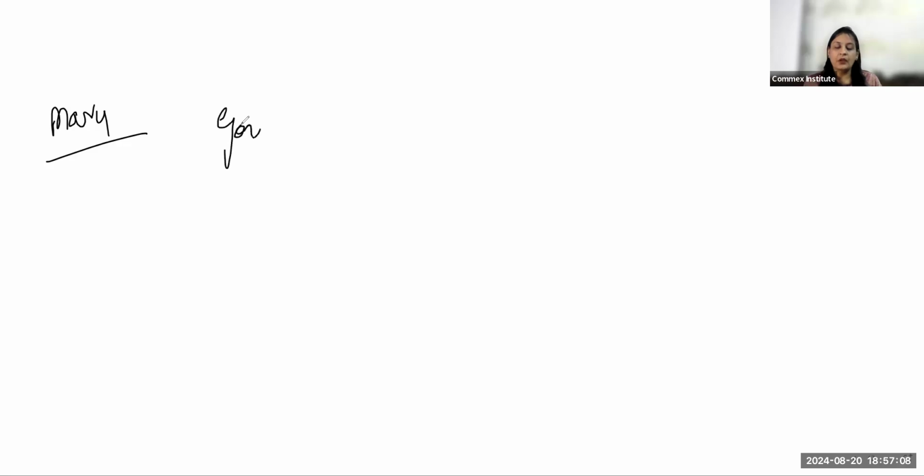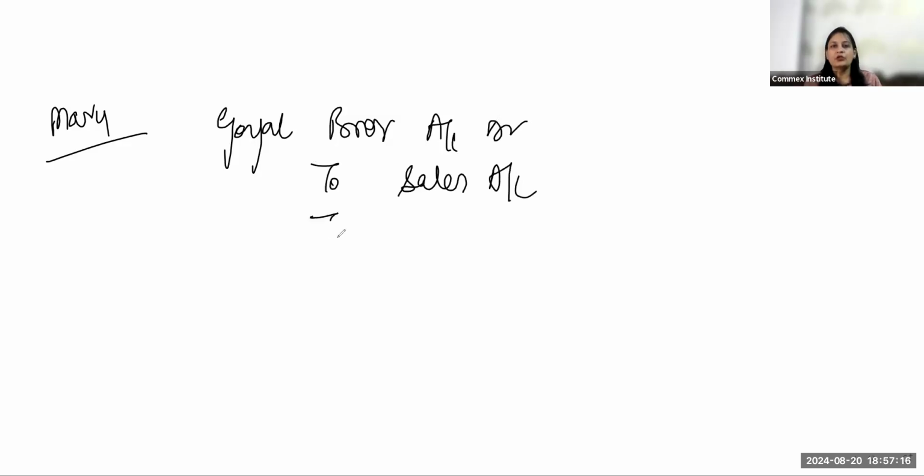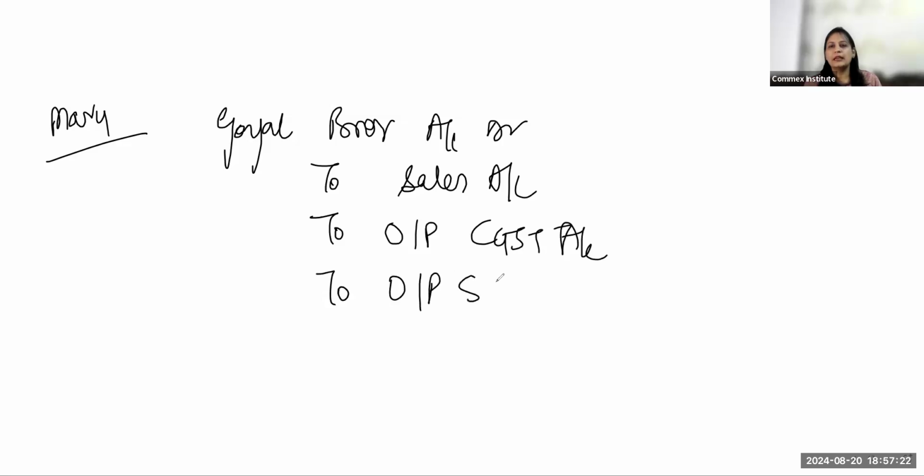So Goel Brothers would be debited to sales account, to output CGST account, to output SGST account. Now see the amount, 6,000. Where will the 6,000 go? In this sales figure.